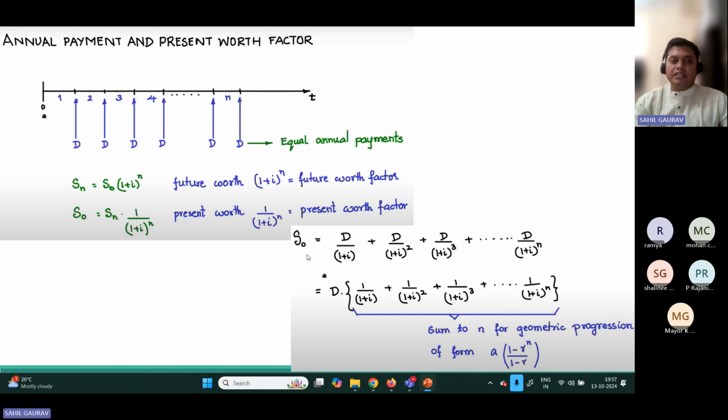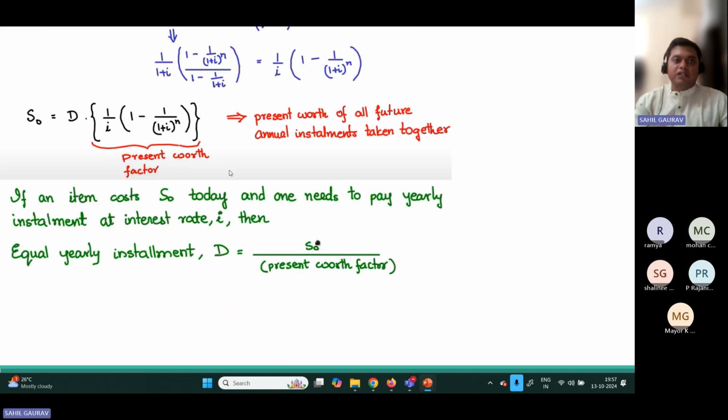Now this S naught, what will it be? You are having equal annual payments, so S naught will be D upon (1 plus I), plus D upon (1 plus I) squared, and so on. The sum of this n-term geometric progression gives S naught equal to D into 1 upon I into (1 minus 1 upon (1 plus I) to the power n), and this is the present worth factor.